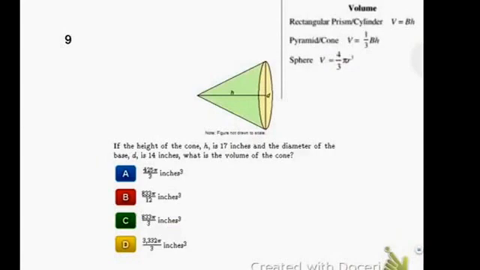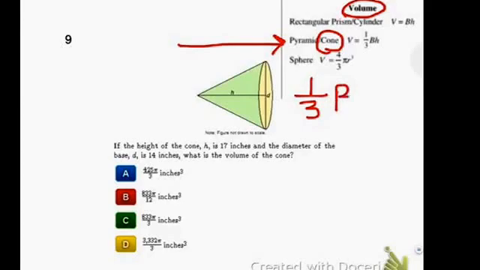Number 9. If the height of the cone H is 17 and the diameter of the base D is 14, what is the volume of the cone? Again, I need to look at my formula sheet, which I've pasted right here. Here is the word cone. We're looking for volume. So it says 1/3 capital B times H. Now remember, capital B is the area of the base.